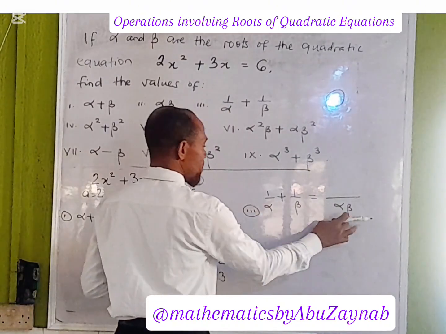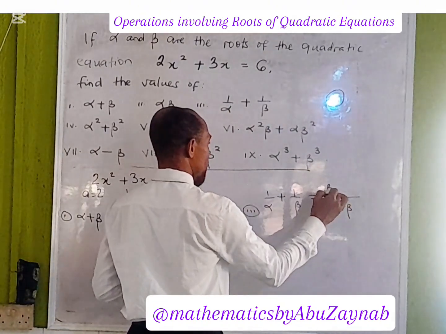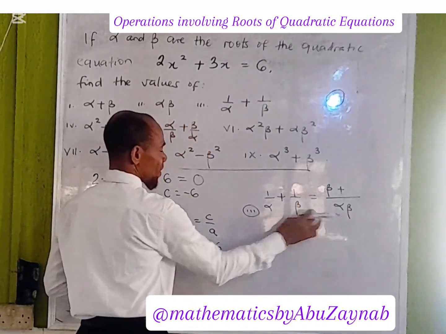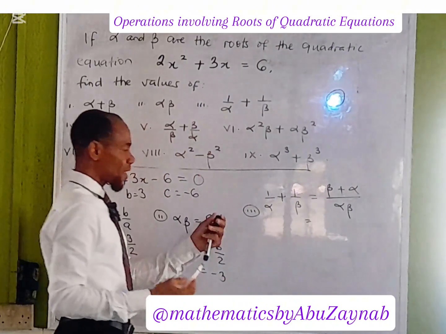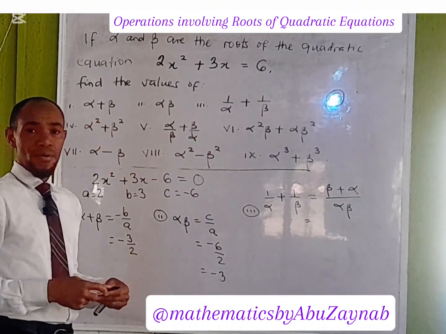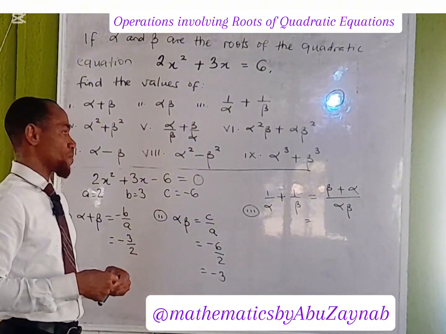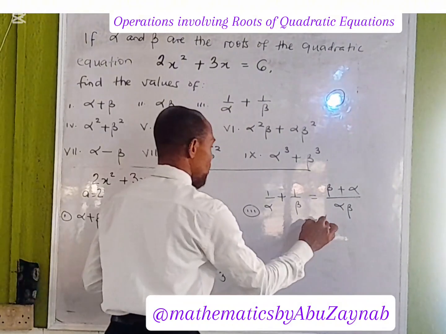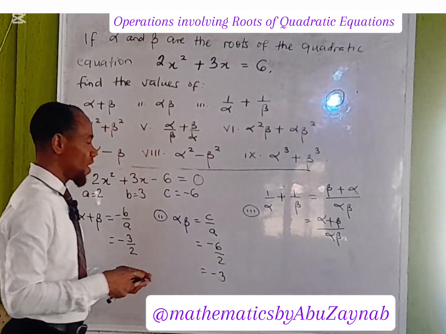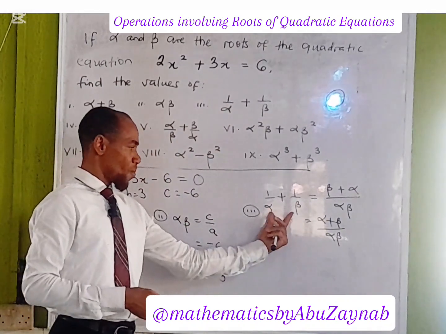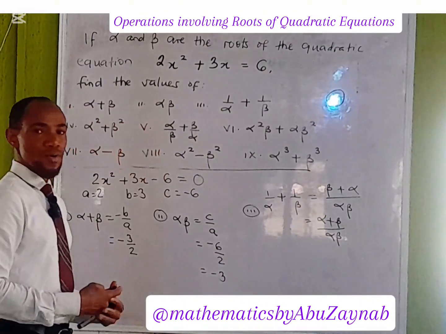So for 1 over alpha, we have beta times 1, beta, plus for 1 over beta, we have alpha times 1, alpha. Recall that beta plus alpha is the same as alpha plus beta by the commutative property in algebra. Hence, I'm going to have alpha plus beta over alpha beta.